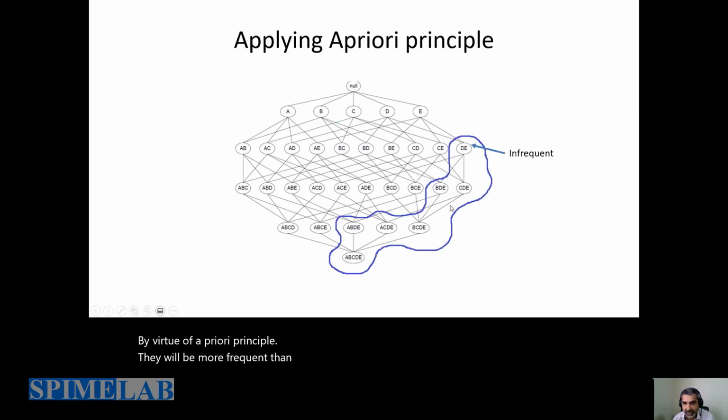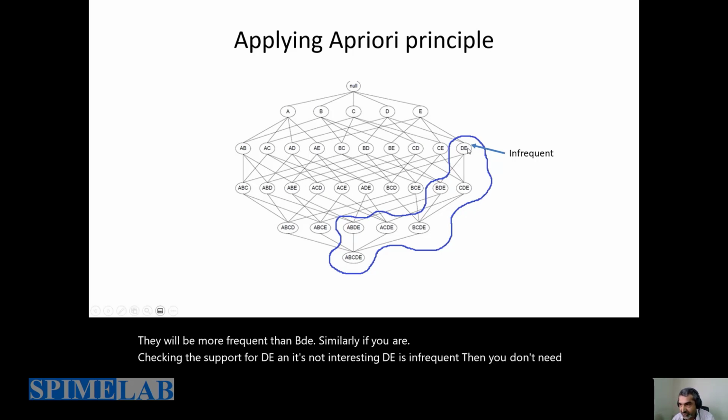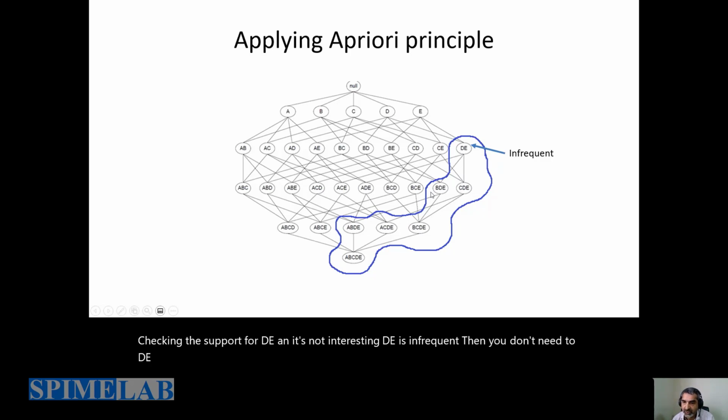Similarly, if you are checking the support for DE and it's infrequent, then you don't need to check BDE, CDE, all the supersets. So this is how we can reduce the number of operations using a priori principle.